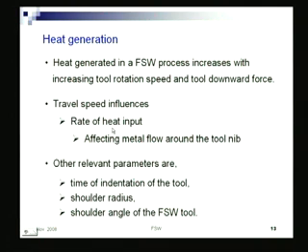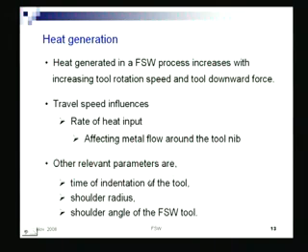Similarly here, the travel speed will affect the rate of heat input. Here it will affect the material flow, because the physical material flow is taking place from the leading edge to the trailing edge. Around the nib, the metal is getting stirred, right.